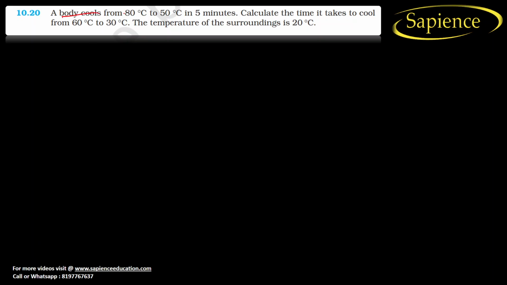Next question: a body cools from 80 to 50 degrees Celsius in 5 minutes. Calculate the time taken to cool from 60 to 30 degrees Celsius. The surrounding temperature is 20.